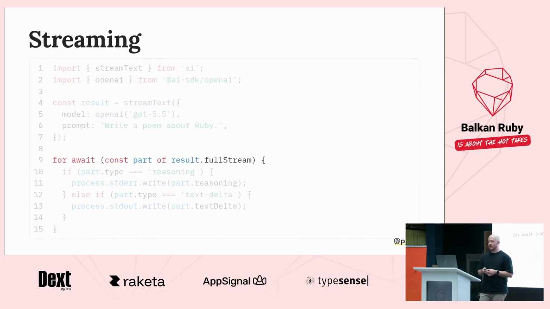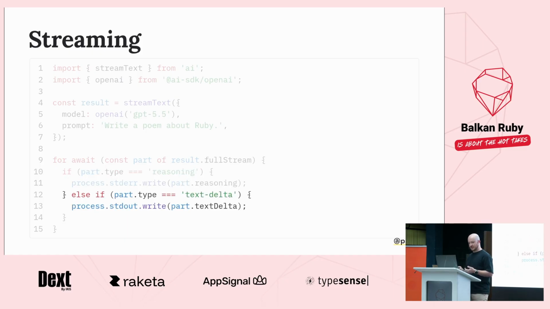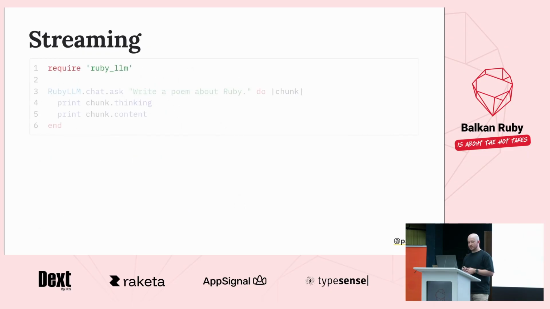AI SDK does a similar thing, and you need to remember how these are called with strings passing around and equals, and it just doesn't fit my sensibilities. So this is what I came up with. You just iterate through the chunks in a block, and then since in Ruby print nil prints nothing, you can simply have both.